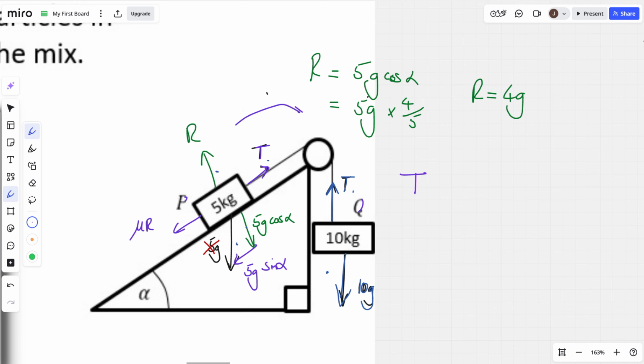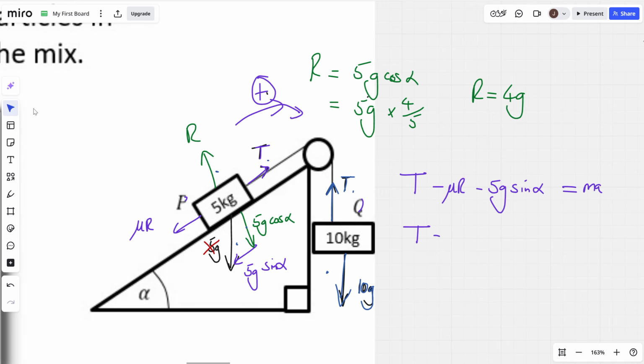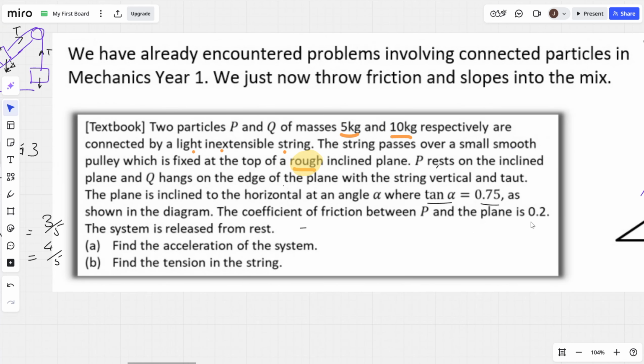So I'm going to say that the whole system's going up and over. So I'm going to say T minus mu R minus 5G sine alpha is going to be equal to ma. And I know quite a lot of these numbers, so I know it's T minus R is 4G, and this is 0.2.